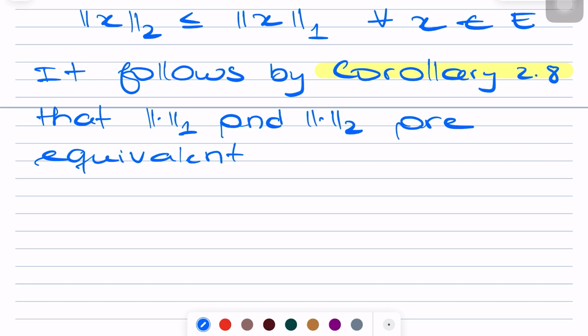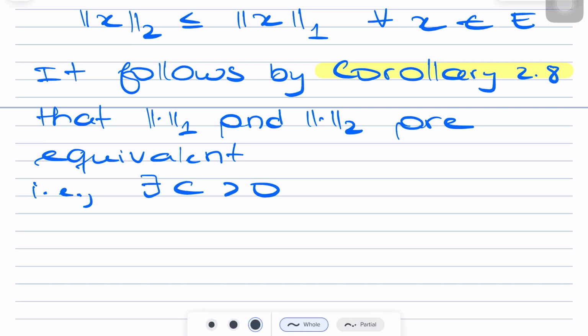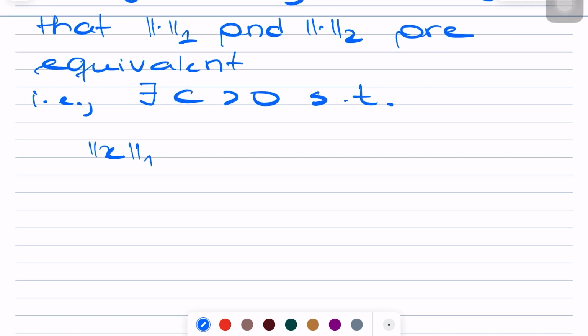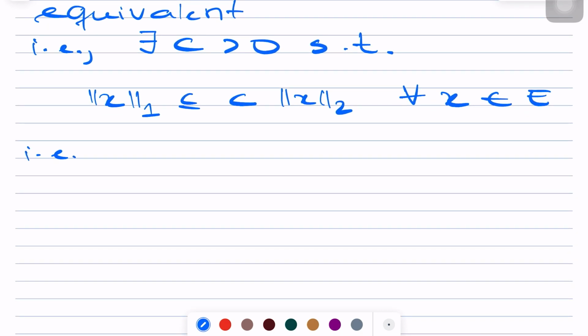Thus there exists a positive C such that norm 1 of x is less or equal than C times norm 2 of x for every x in E. I'm just rewriting norm 1.